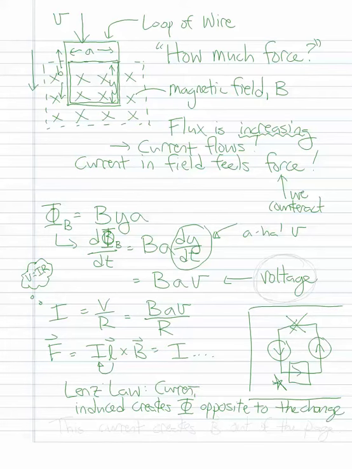Okay, so let's see. If the flux is going into the page, that means that this current creates a magnetic field out of the page.